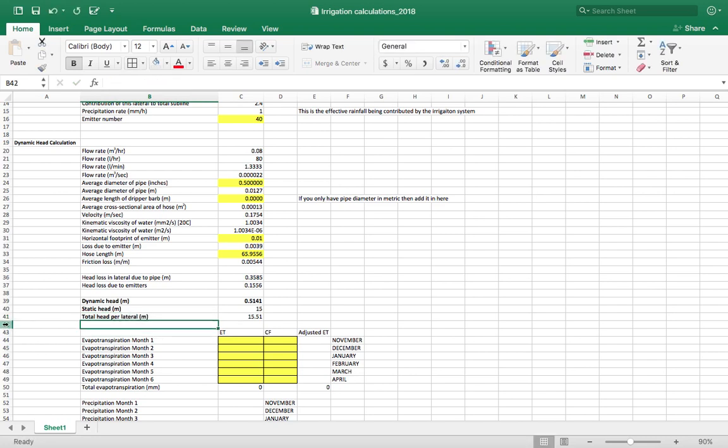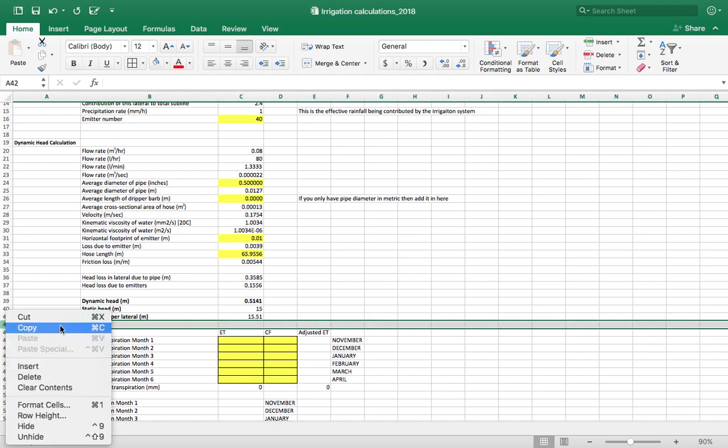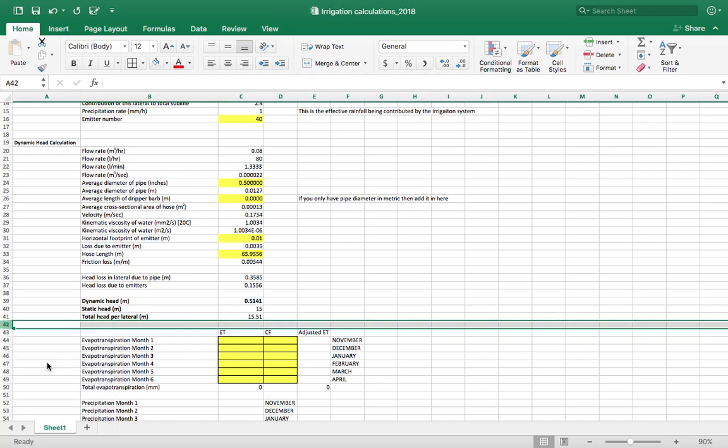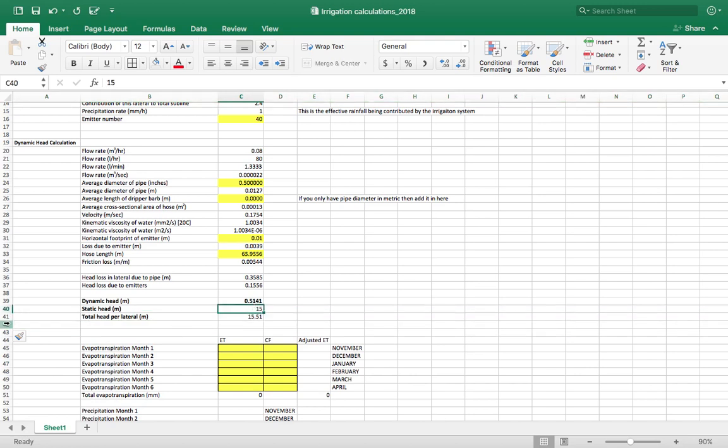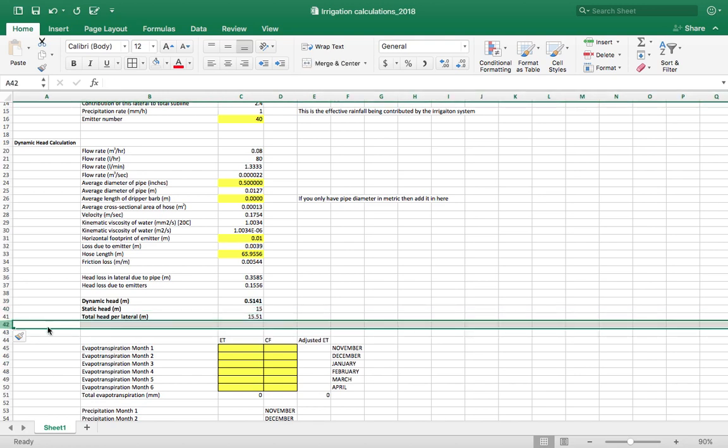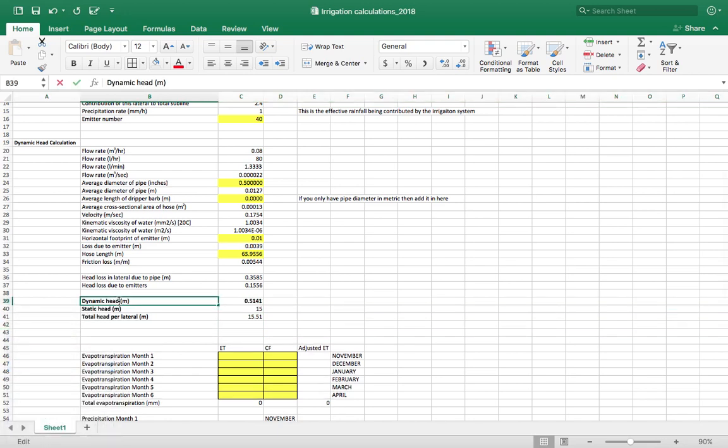What about if we did it for the total system? So I put the static head here as 15 meters. Yeah, that's right. That's per lateral. What if we want the total head for the entire system? In meters. So it's going to be the same static head, isn't it?